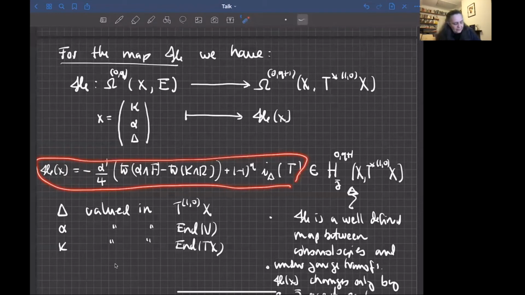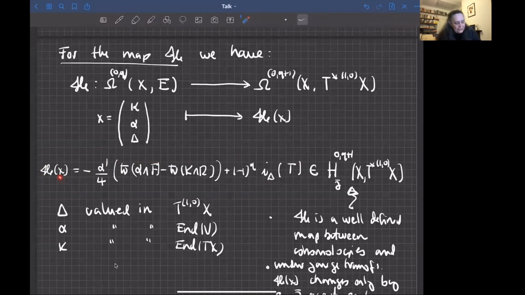If you take each piece in X, the delta here is a form valued in the holomorphic tangent bundle of X, and what H does is that it inserts this delta on the torsion. Then if alpha is a form with values in the endomorphism of P, then H on alpha gives you the trace of alpha wedge F, and similarly for the tangent bundle.